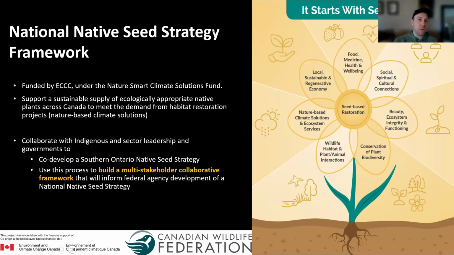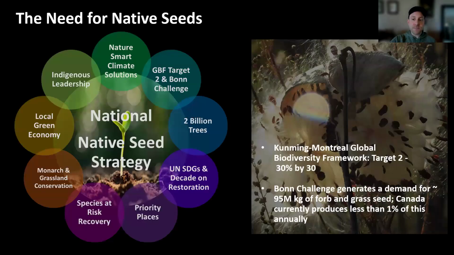It was our goal to address the issues that are limiting the sustainable supply of native plants and seeds to help us achieve our restoration targets, including restoring habitat for monarch butterfly. And so, like I said, we've spent the last year and a half working with over 250 different plant policy restoration experts and partnered specifically with Carolinian Canada to develop a seed strategy for southwestern Ontario.